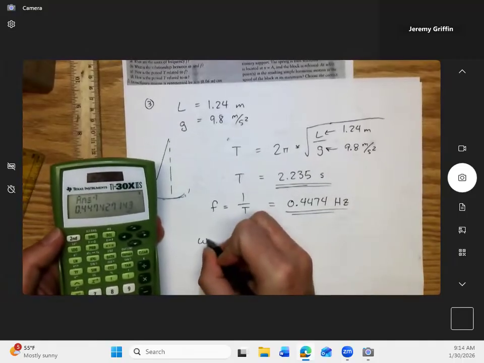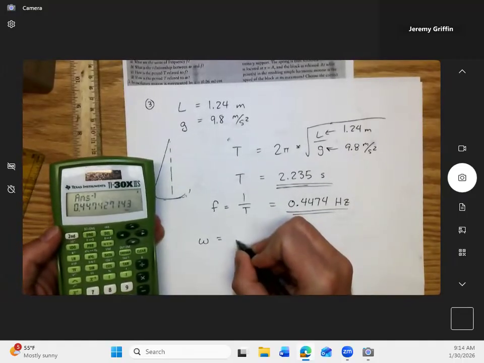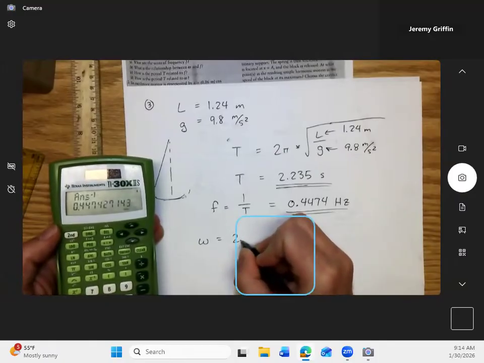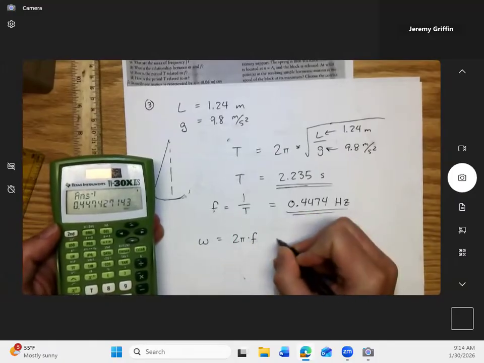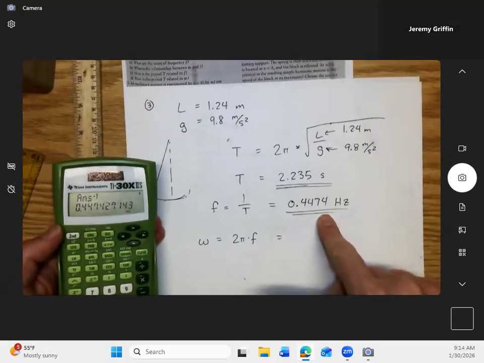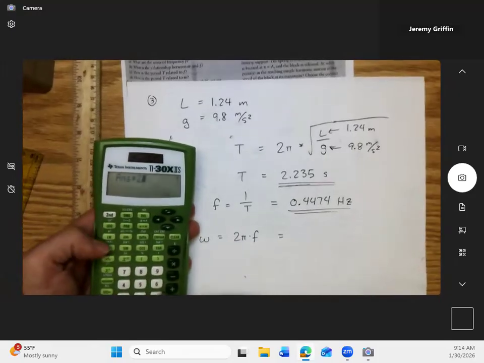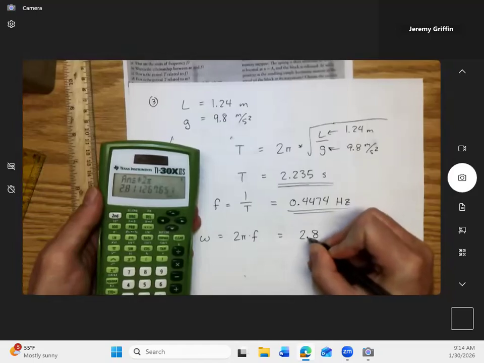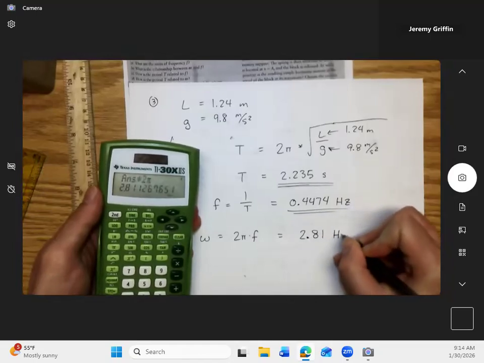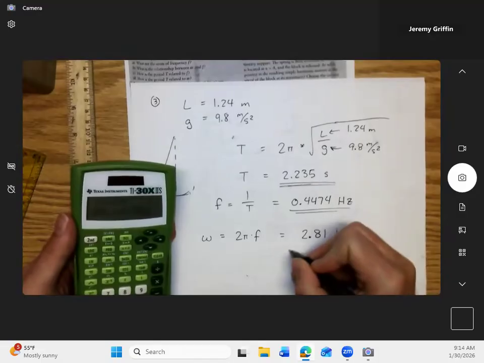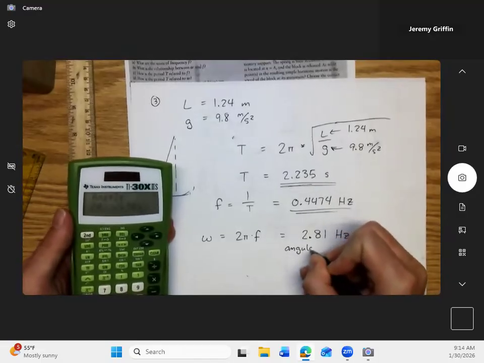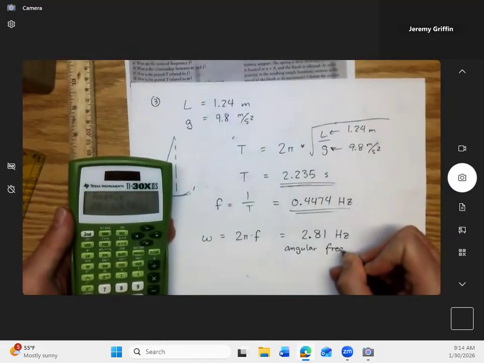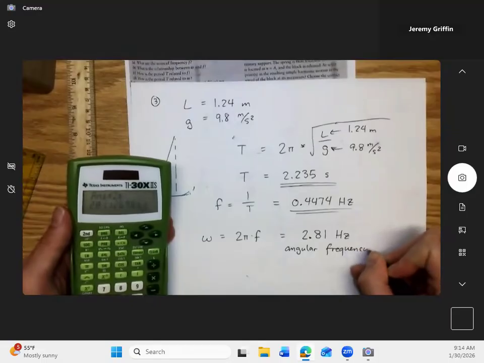Now angular frequency. How do you get angular frequency? Yeah, 2 pi times the regular frequency. So all we have to do is this times 2 pi. That's 2.8, the angular frequency.